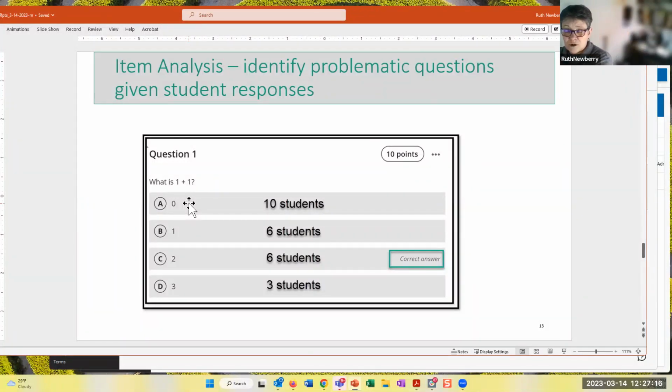But what can I do to make this clearer? Or I'm learning that my students really don't understand this, whatever this question is about. So I know instructionally to follow up after this exam, I should be attending to this detail, this concept, the skill, this ability, whatever is measured.